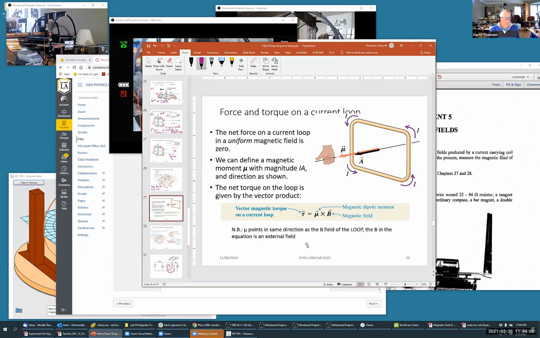And one of the manifestations of this is that the torque is a max at 90 degrees, and torque is equal to 0, of course, at 0 degrees. But I showed you last week that it's also 0 at 180 degrees, which is a little head scratching.